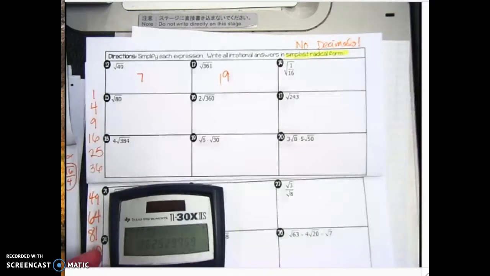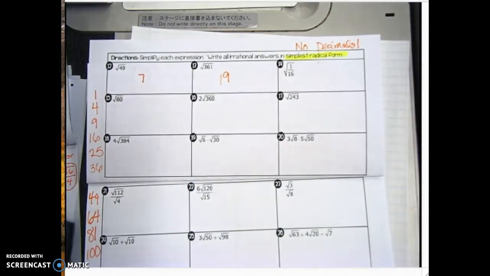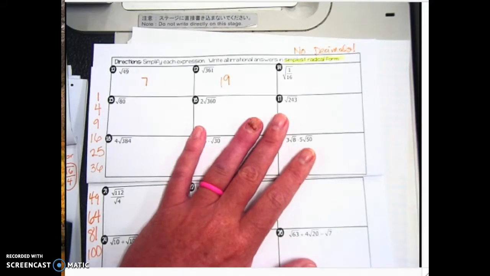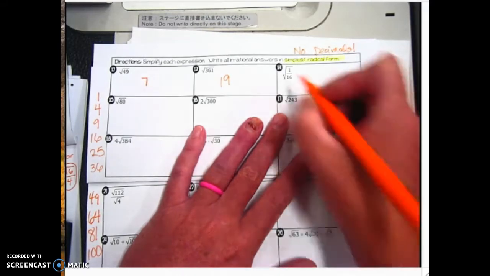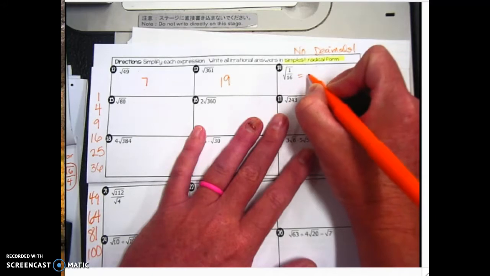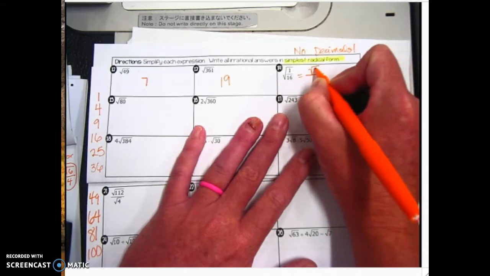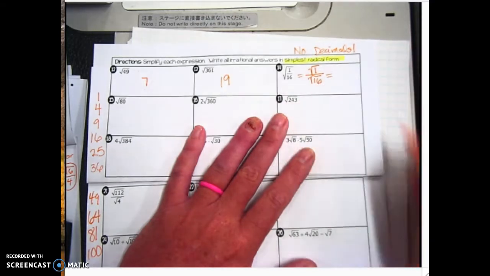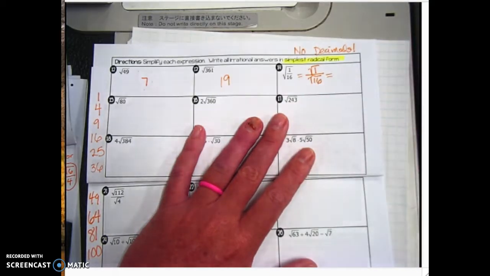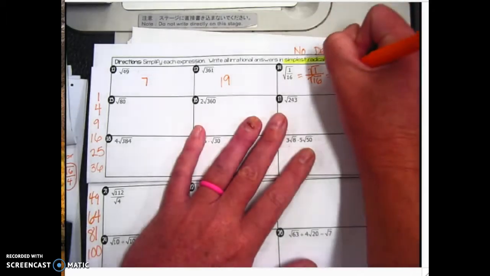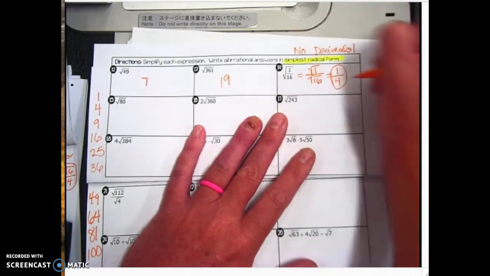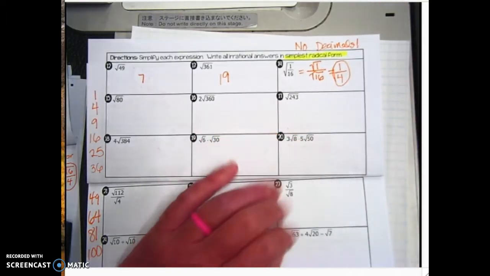Number 14 says the square root of 1 over 16. Most of you recognize that 16 is a perfect square, right? But you can take this and separate it to the square root of 1 over the square root of 16. What's the square root of 1? 1. And the square root of 16? 4. Now, if you did this on your calculator, what's it going to give you?